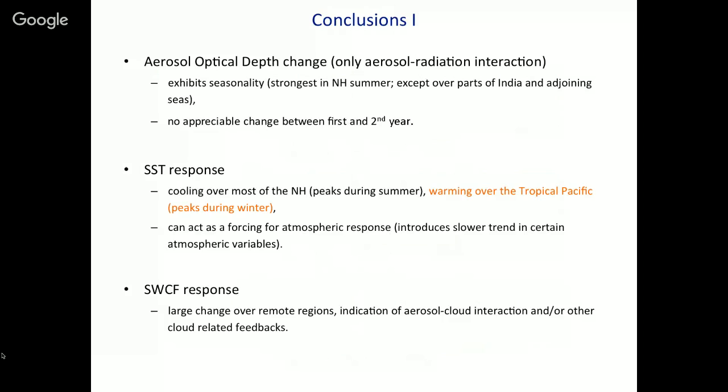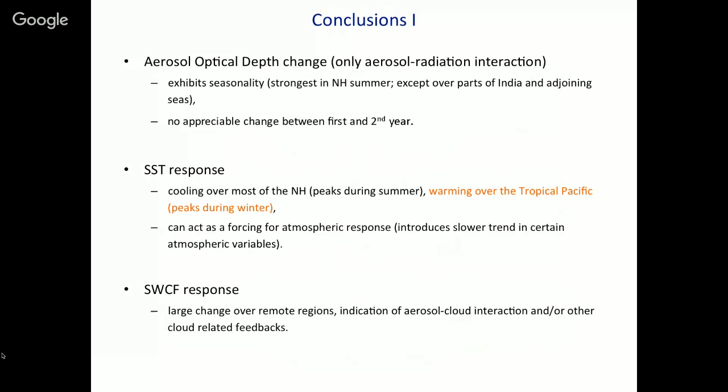And also, what I wanted to bring up is that, of course, we are changing the aerosols, which in turn change the SST, but SST changes are slower. So SST has a seasonal as well as a slower trend response in it, which itself can force back into the atmosphere.